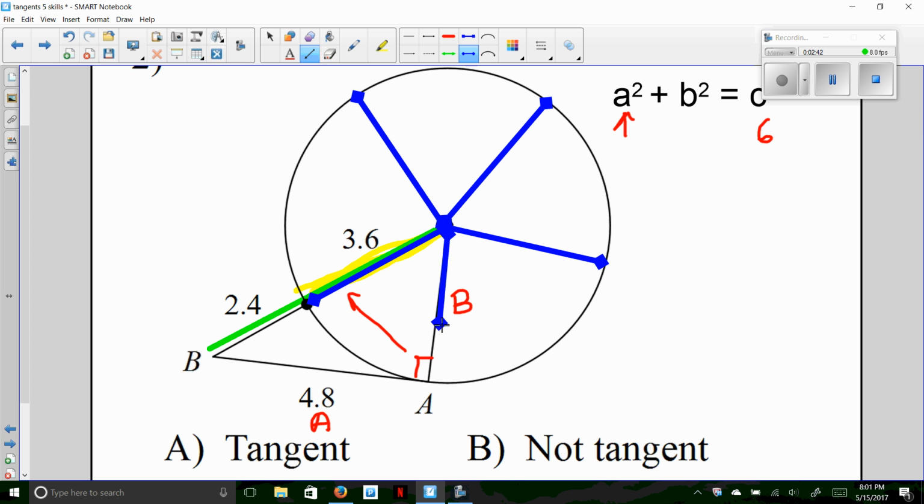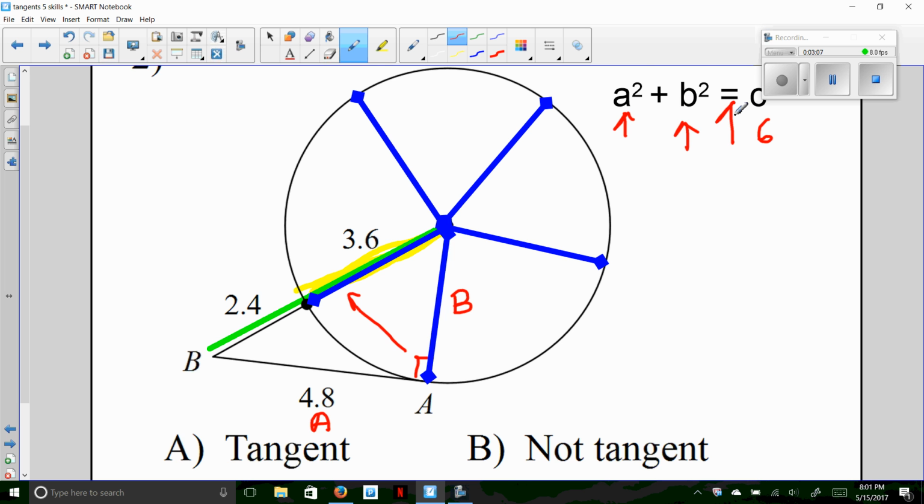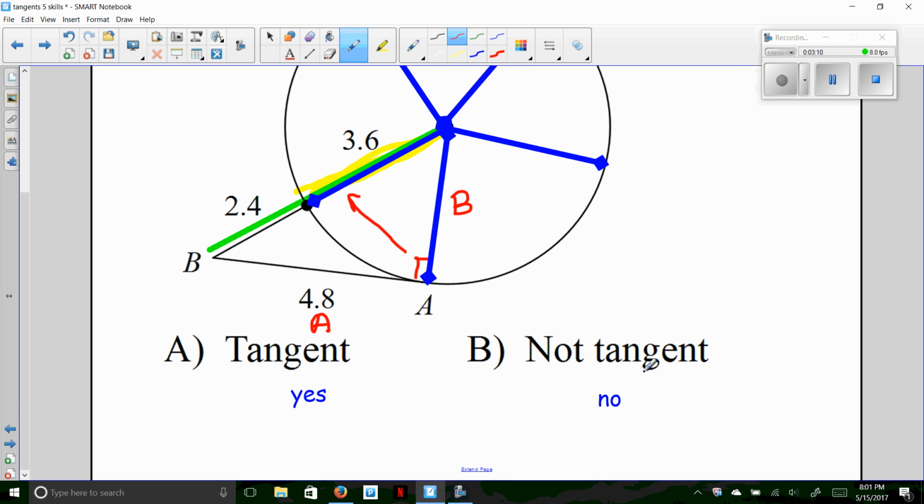That tells you that this 3.6 here will also be here, so this will be your B. So you'll take 4.8 squared plus 3.6 squared and see if it equals 6 squared. It's a yes or no. If it's yes, it's tangent. If not, then it's not tangent.